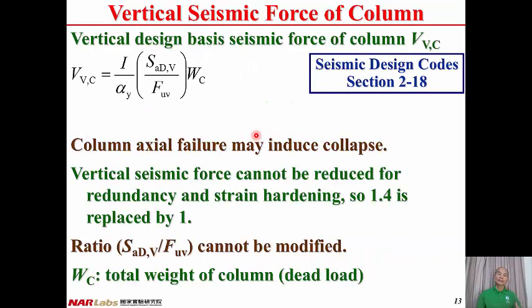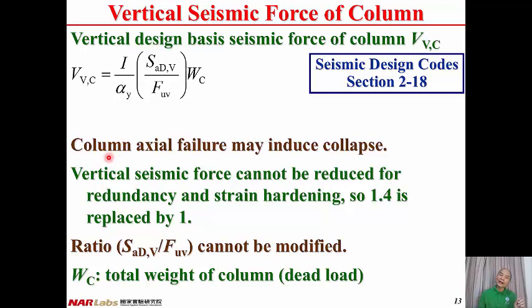So far we have determined the vertical seismic force of beam and slab, and then we move to determine the vertical seismic force of column, VVC. According to Seismic Design Code Section 2-18, VVC equal to I divided by alpha Y, times SADV divided by FUV, times WC. And I is the importance factor, and alpha Y is the first yielding amplification factor.